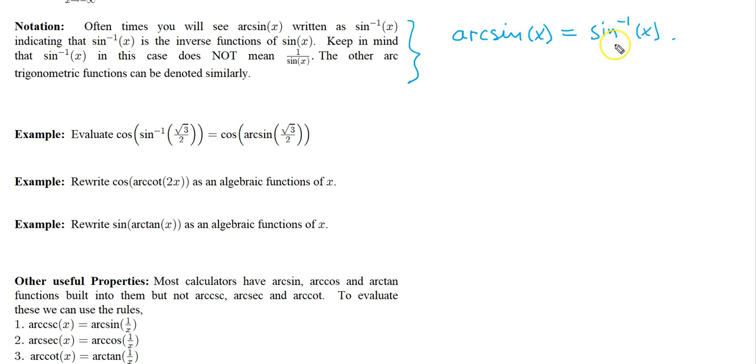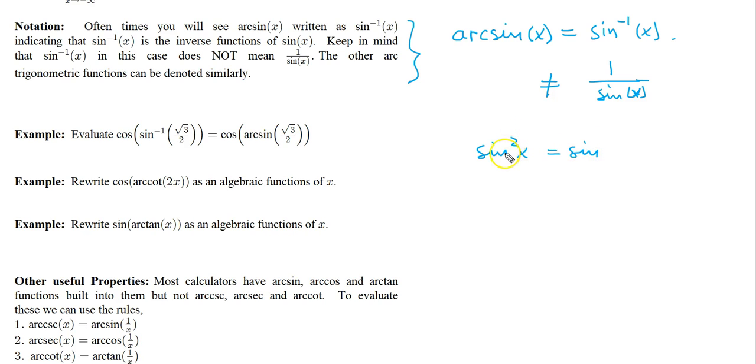Now it gets a little confusing because, once again, when you're thinking of this as the inverse sine, it does not mean 1 over the sine. Although in some contexts, when we talk about sine squared x, that does mean sine x times sine x.